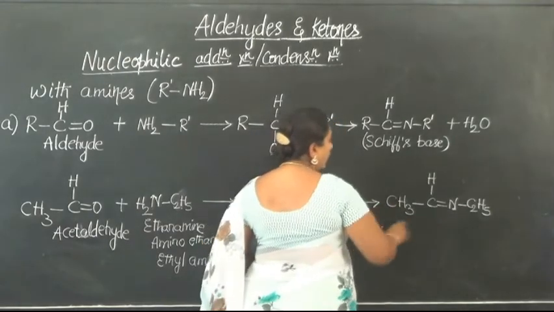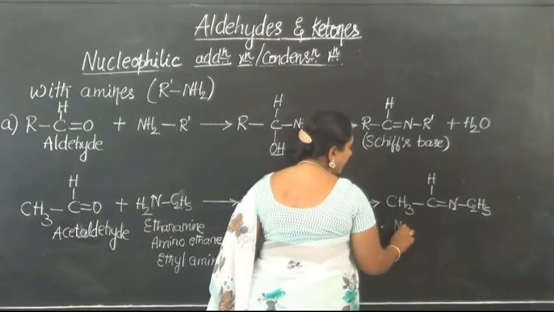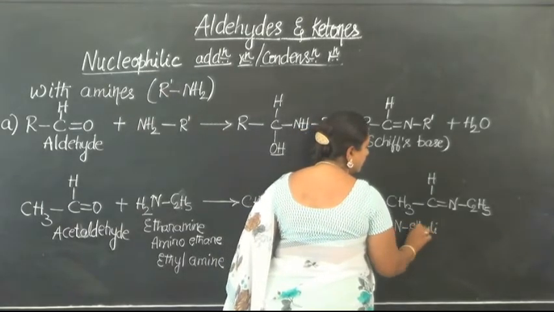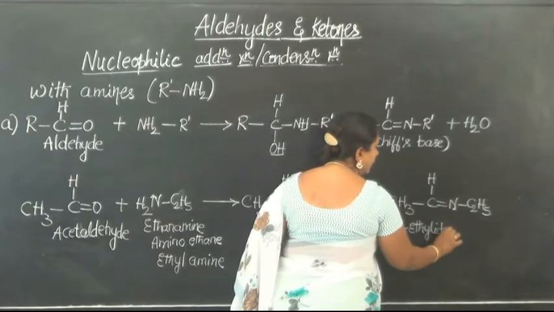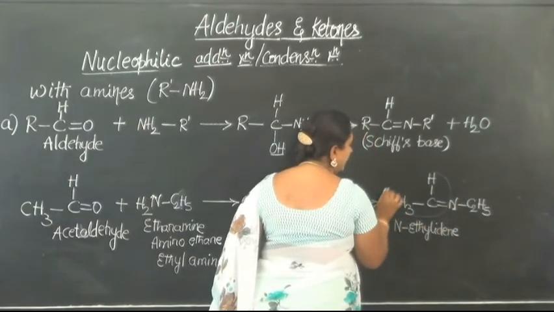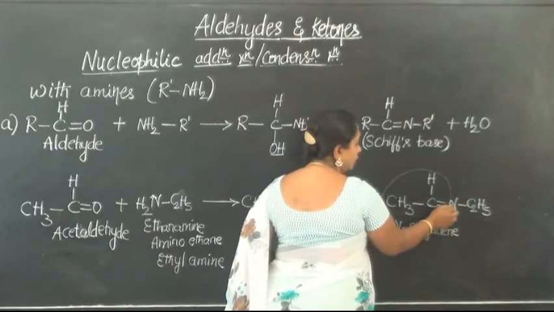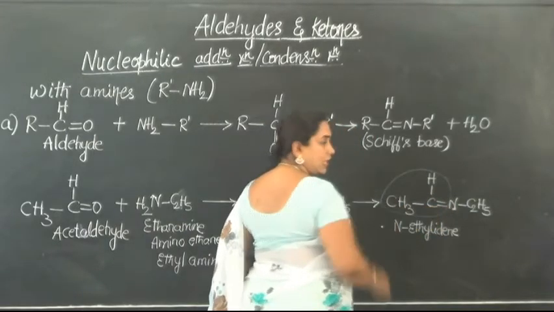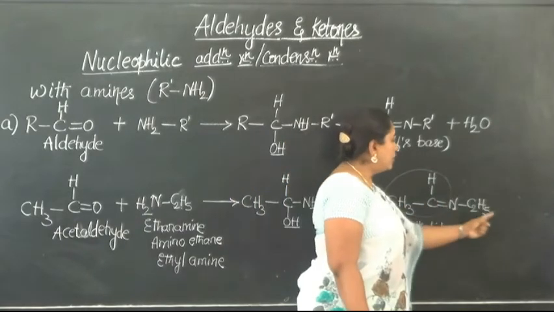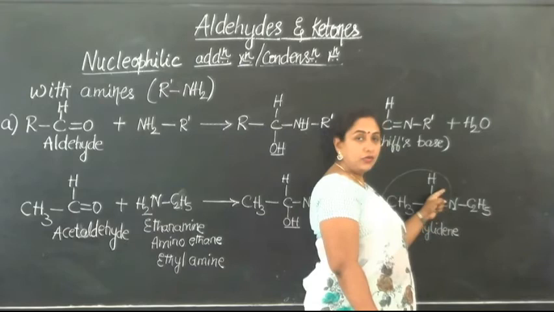The name of this compound would be N-ethylidene, because this much of the portion is ethylidene. Why have I written N? Because with the nitrogen this component is attached. So therefore N-ethylidene.